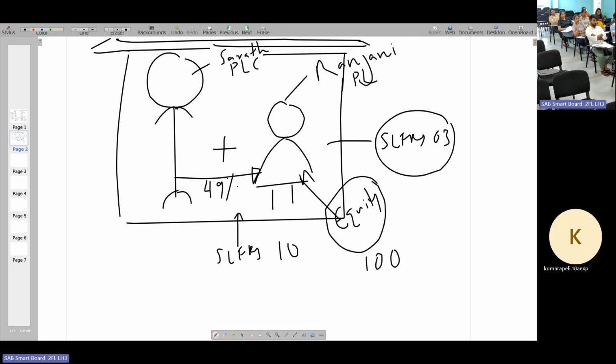But there are circumstances where even less than 50%, 49, 48, if Sarat has some mutual agreements with other parties, and those parties are helping Sarat, Sarat could control Ranjani. Right? So there can be such situations.